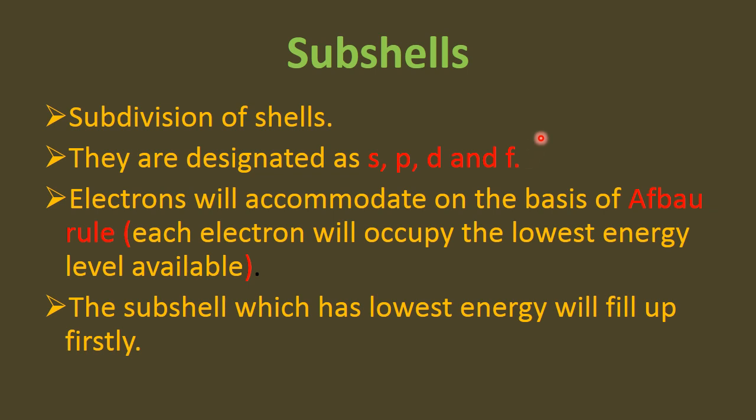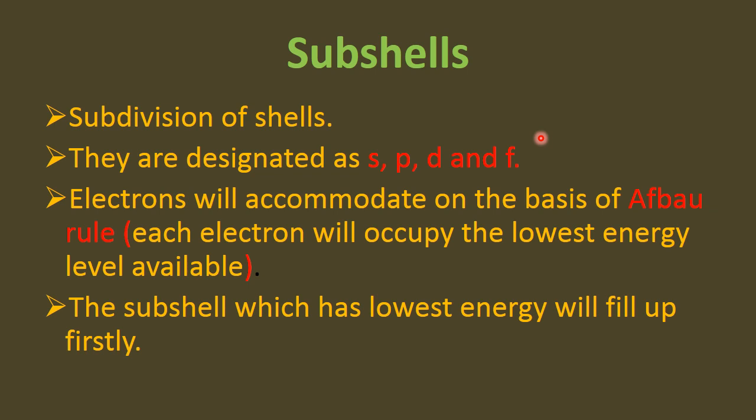It's very easy to remember. They are just like rooms in houses. If houses are considered as shells, then rooms will be considered as subshells. In a similar way, the orbits which are present around the nucleus are shells, and their small subdivisions are subshells.